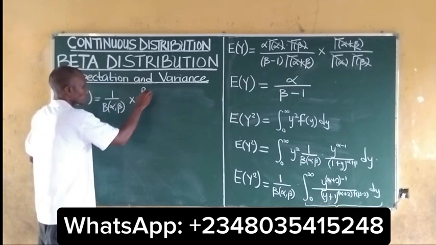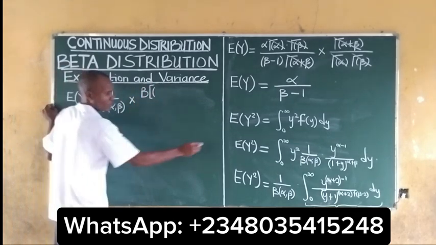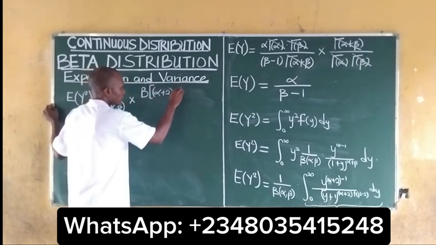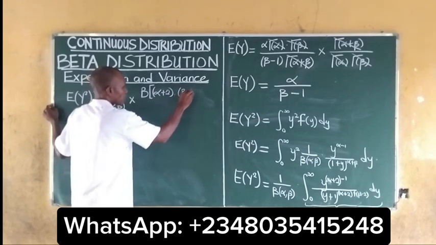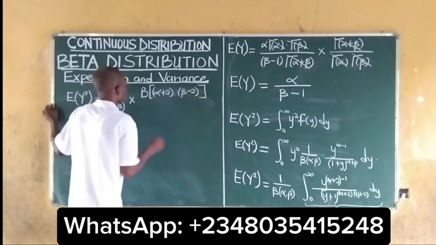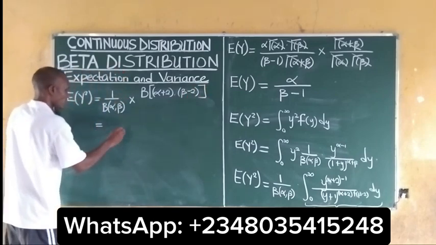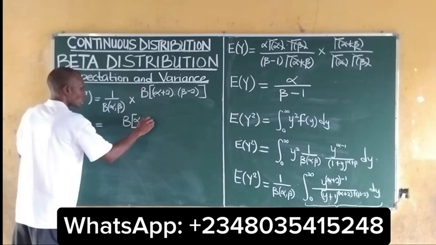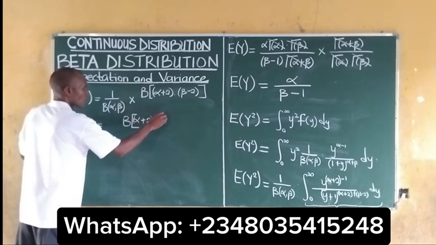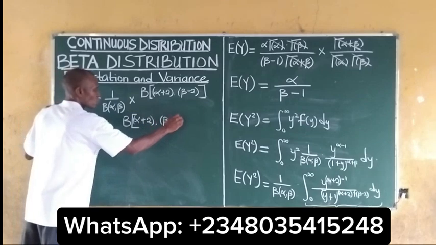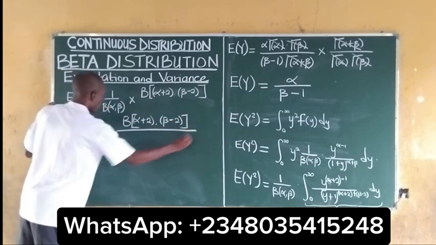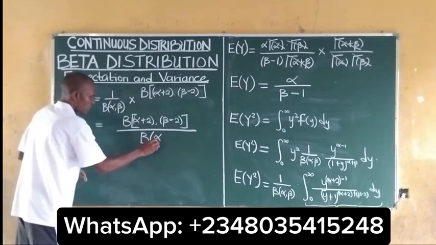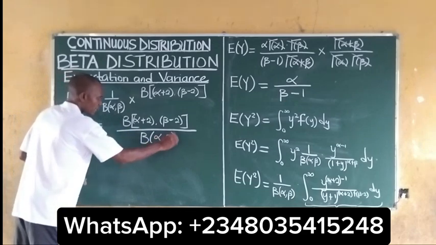The whole of that function will give us beta of alpha plus 2 and beta minus 2, bracket close, which is the same thing as beta of alpha plus 2, beta minus 2 all over. We also bring this one down to give us beta of alpha, beta.